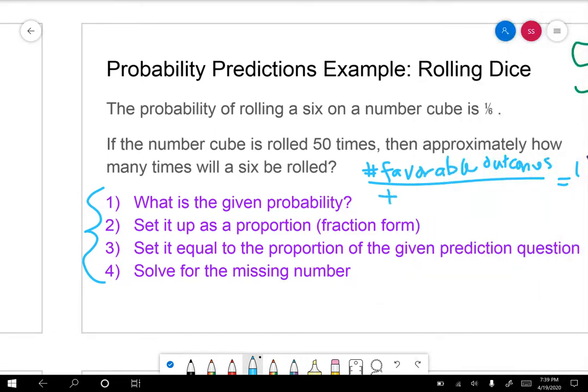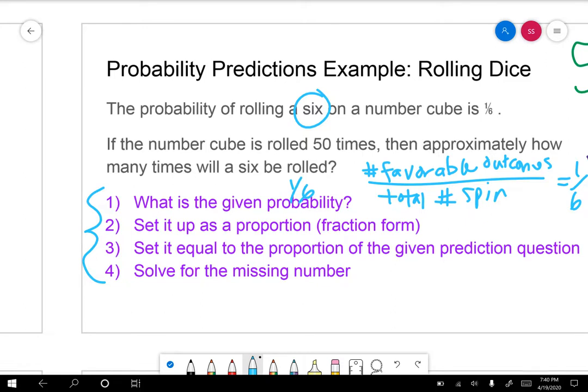Over the total number of spins to get that outcome, which in this case would be 6. So for every six rolls of your dice, one of them theoretically will be the number 6. Okay, so that's the given probability, 1/6.